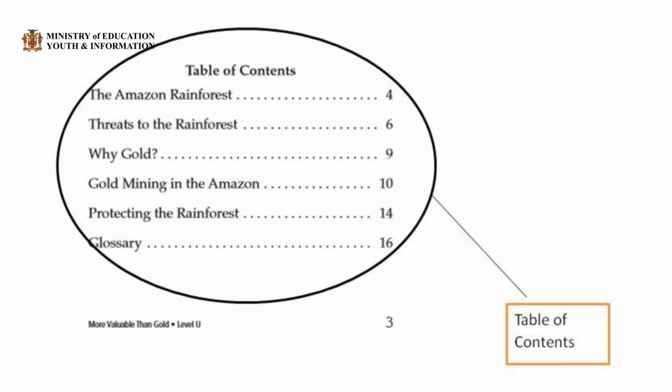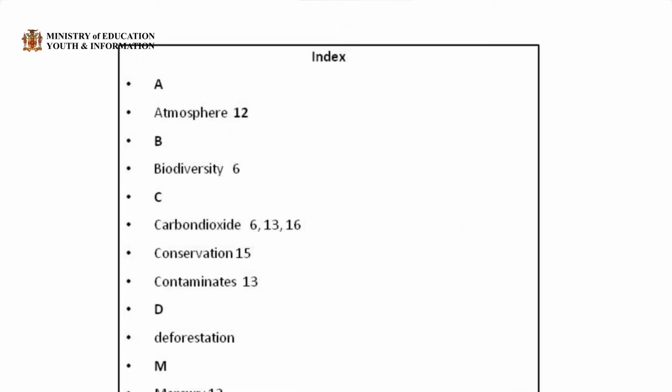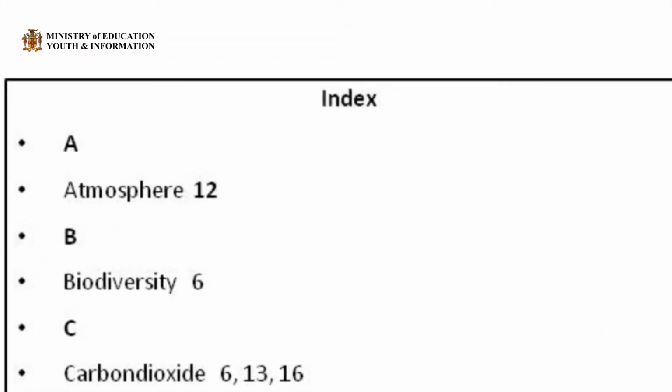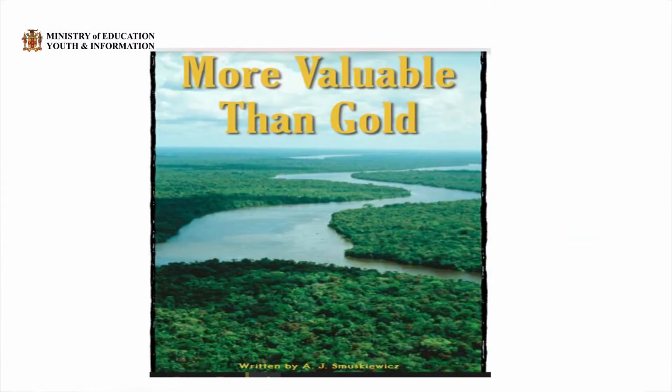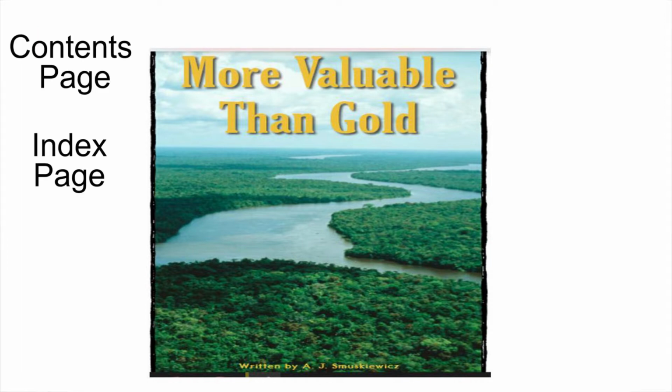So we have got a table of contents. We've also got an index page. And there's also a glossary. So by now you should really know from looking at the front that there's a contents page, an index page, and a glossary page. Now tell me, what do you think?